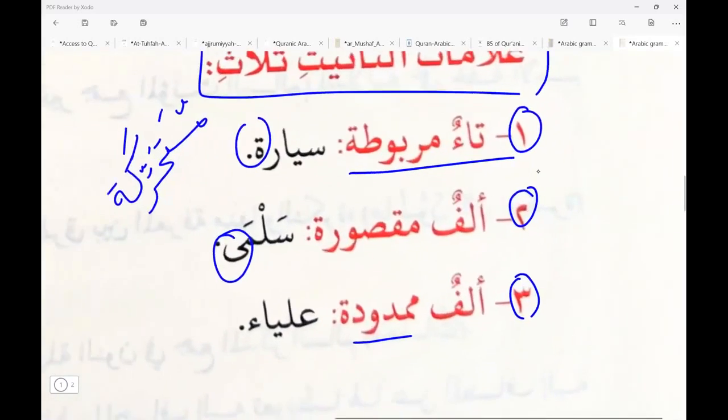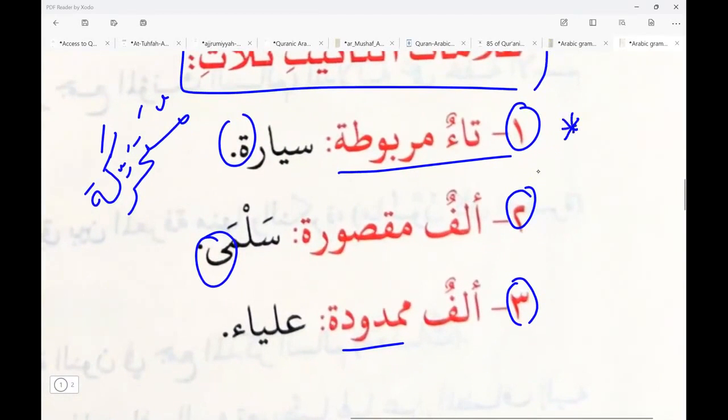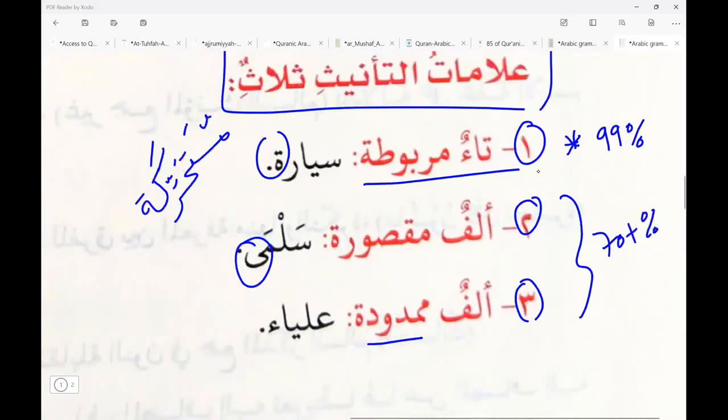And I explained to you last time, this one is the most common, and I don't know if I'm being too generous here or not, but I would say 99% of the time it would be right. If you see tamarbuta, that's a feminine word. And we know there are exceptions. And this one goes somewhere like 70% or plus. I don't know. You understand?